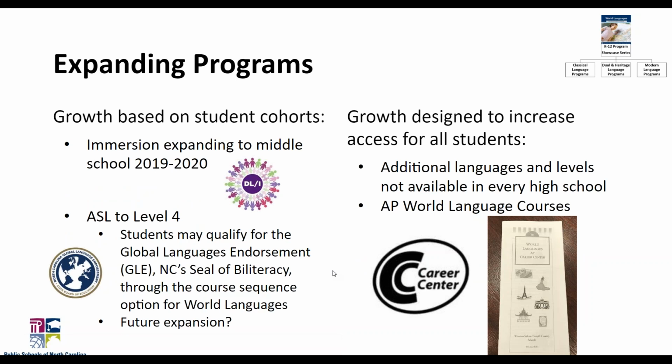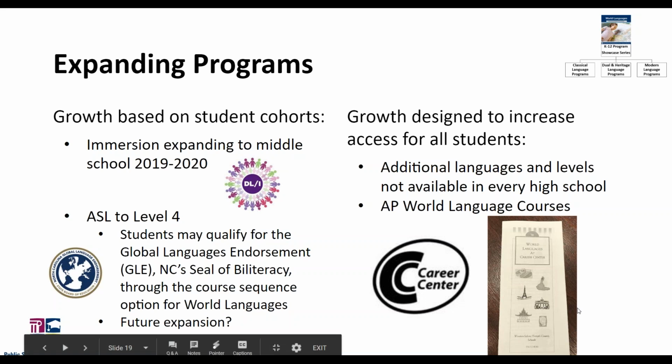As far as future expansion, we are expanding our Spanish immersion to middle school for next year, so that's a little bit of building a plane while we fly it kind of thing. We are adding the level 4 for American Sign Language so that students can do all 4 years in that language in high school for next year.